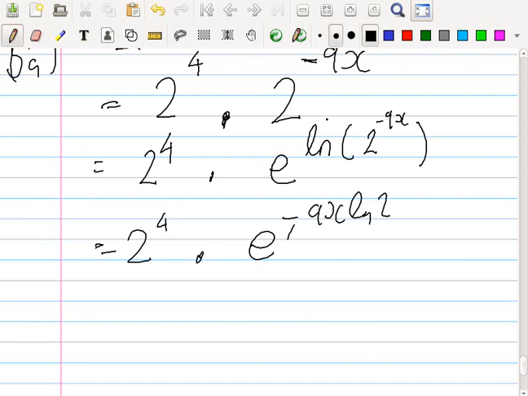Now, can somebody please type on the calculator minus 9 times natural log 2? What's 2 for minus 16? Minus 9 times natural log 2, what's that? Is it like minus 6.24?